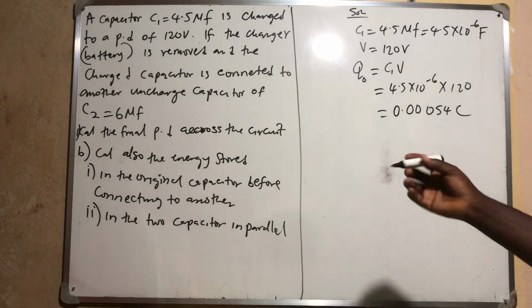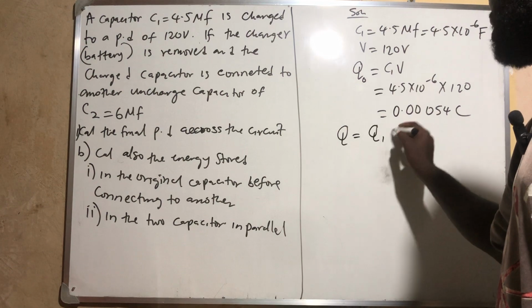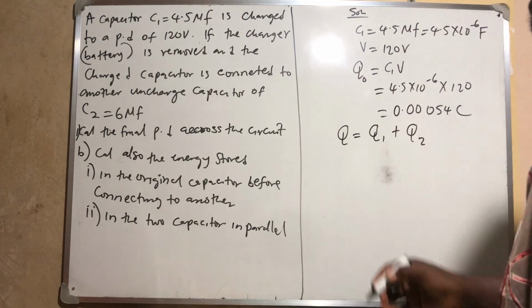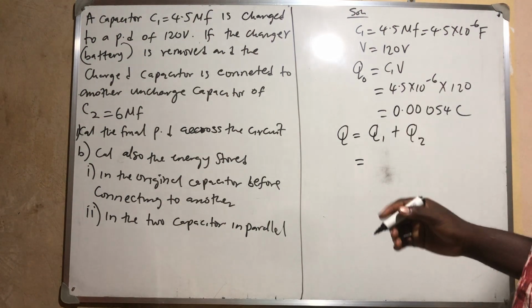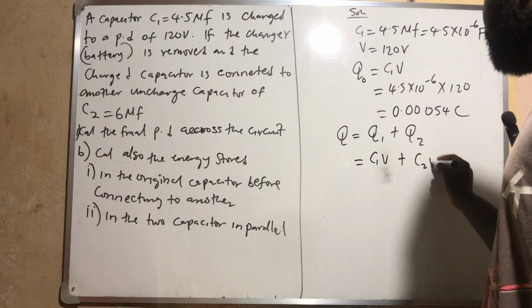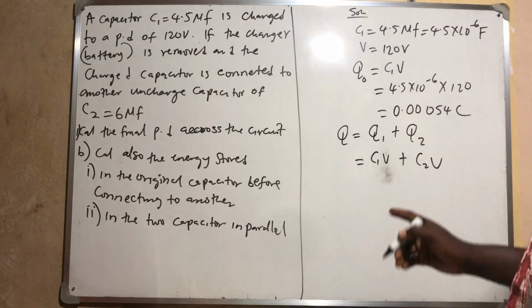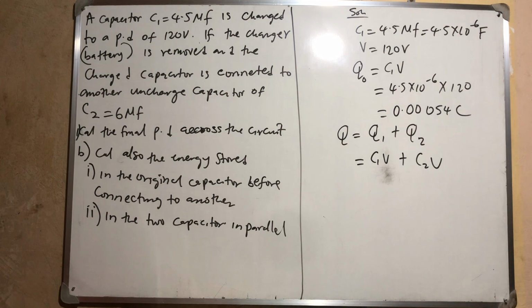Is it not true that total charge Q is equal to Q1 plus Q2, which is C1V plus C2V? And don't forget that the potential difference across these must be the same.